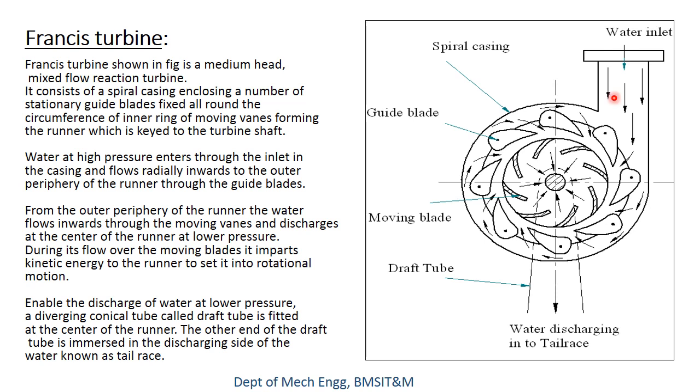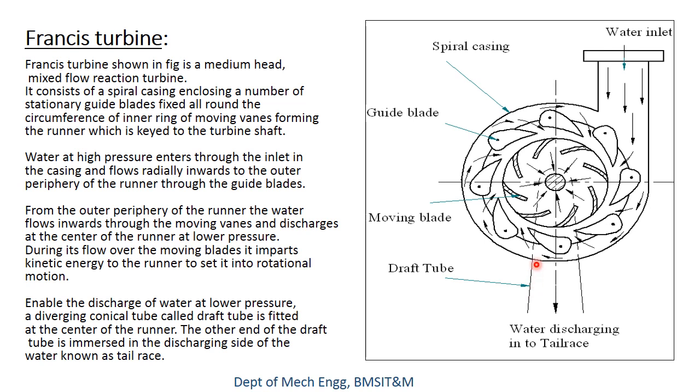Next, the water entering at high pressure after flowing over the guide blades is made to flow over these turbine blades at high pressure, and due to this high pressure the blades start to rotate as the water flows over them, thereby rotating the shaft, and the other end of the shaft is connected to the generator through which power is produced.